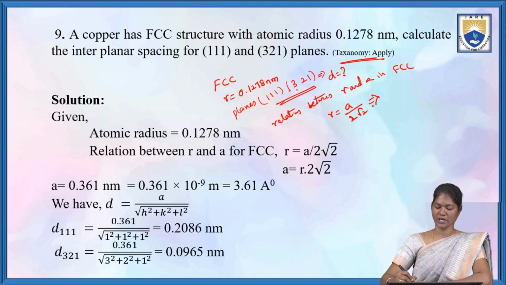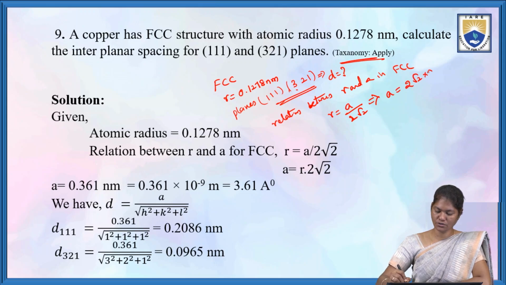As we want to calculate a, a is equal to 2 root 2 into r, so it is 2 root 2 into 0.1278 nanometers.